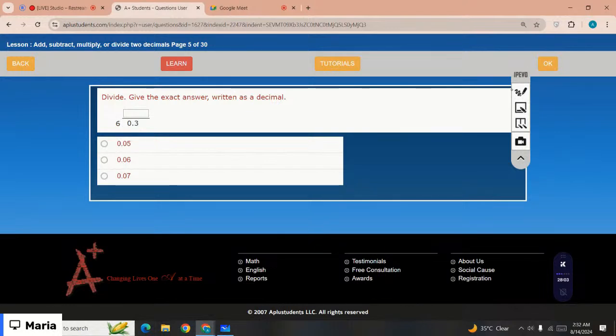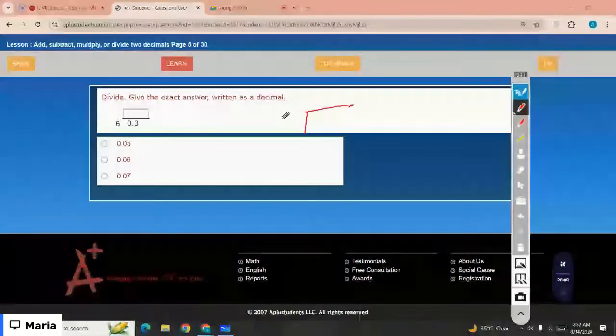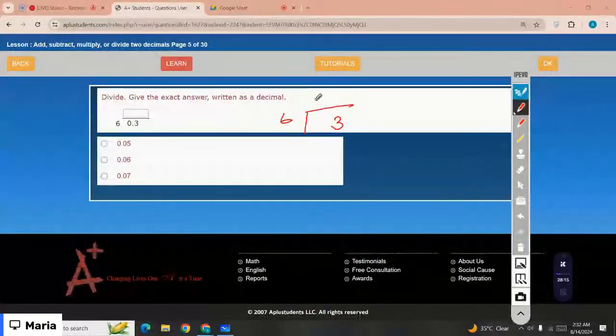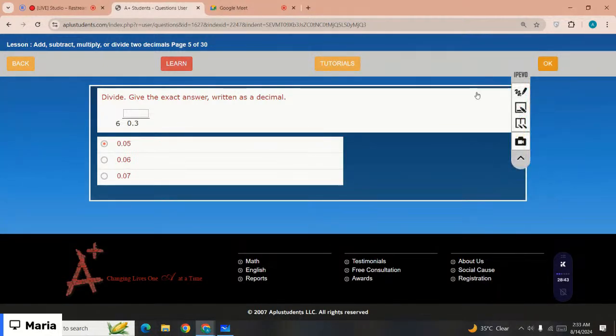Well, let me just explain. That is 0.3, so 3 without the decimal point, right? You need to put a decimal point. The correct option is 0.05 because you have to go for 0. You need to add a 0 before dividing. That is 0.3. You cannot divide 3 by 6, right? So you need to put a decimal point over here and add a 0 over here, and also here. So that is 6 times 5 is 30. Number 1 is the correct option. It's not 2. That's option number 1. 0.05 it is.